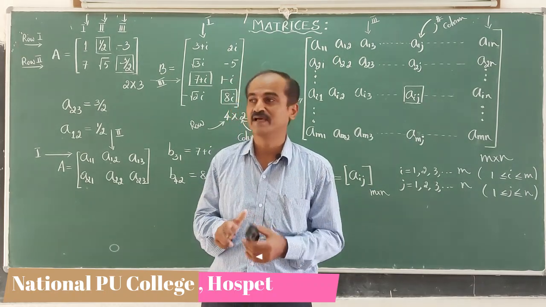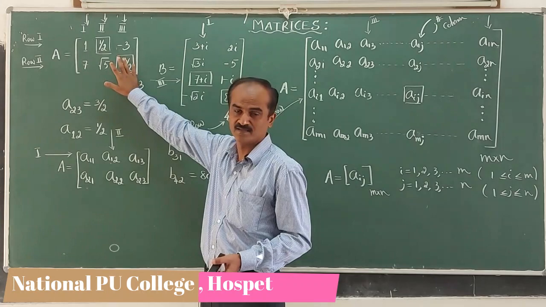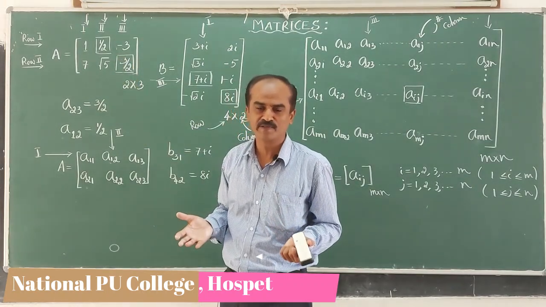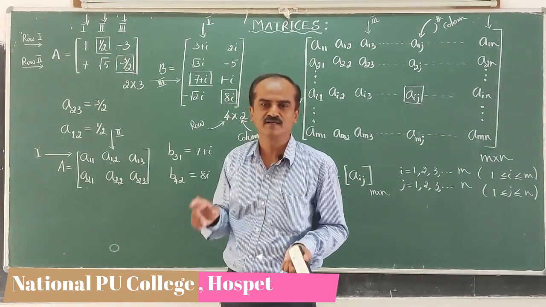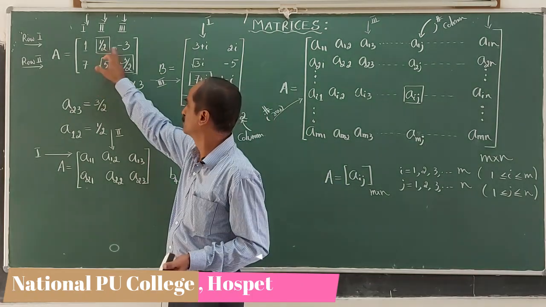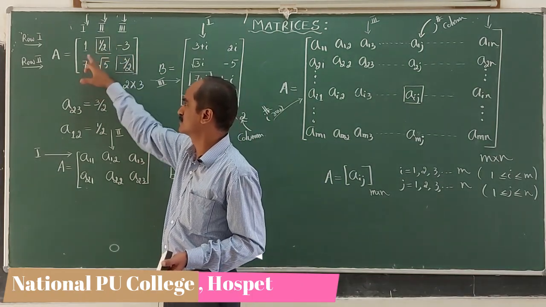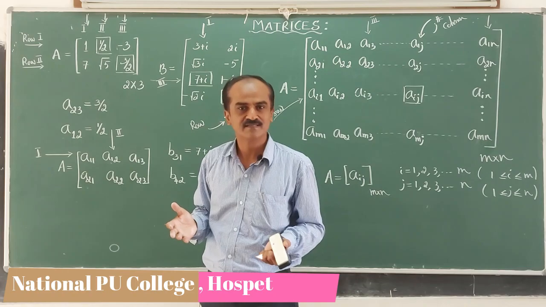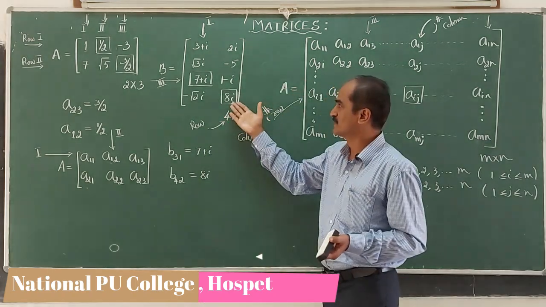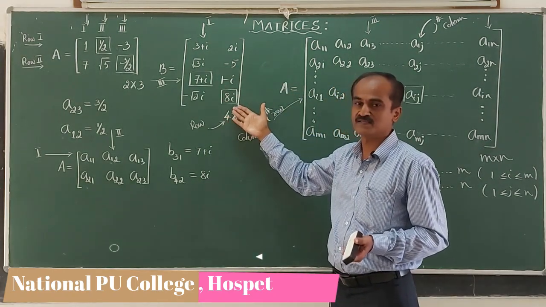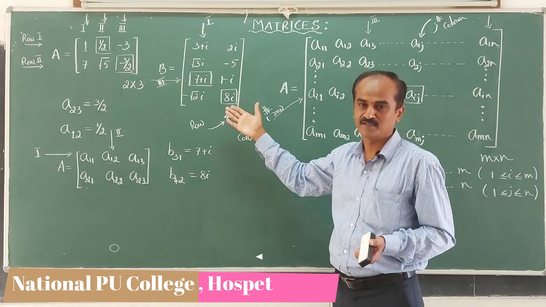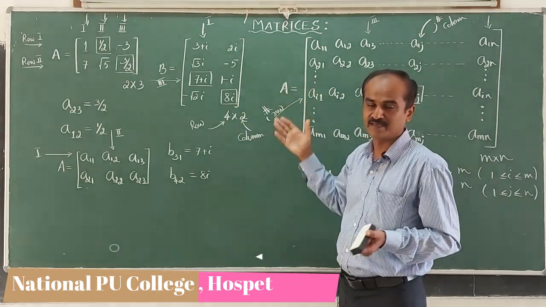Suppose if they are given the matrix like this, definitely it is possible to find how many elements are there. How we can do it? Just by counting 1, 2, 3, 4, 5, 6. So this matrix A is having 6 elements. When this matrix is given, count the number of elements here, it is found to be 8. The earlier example contains 4.